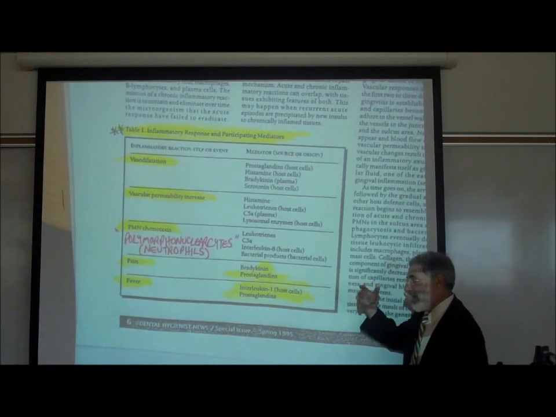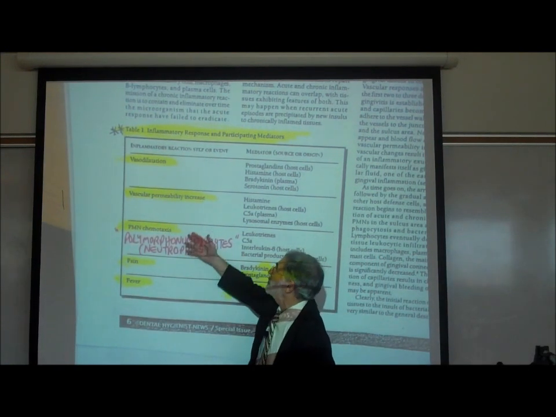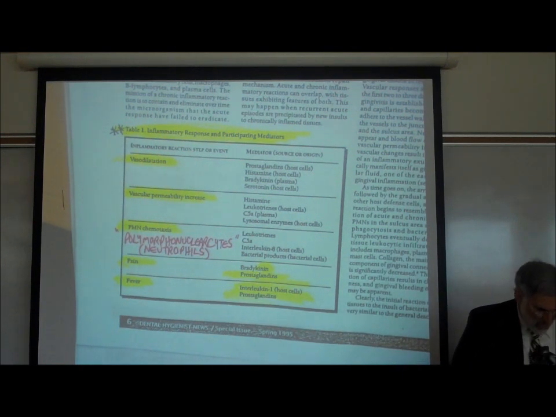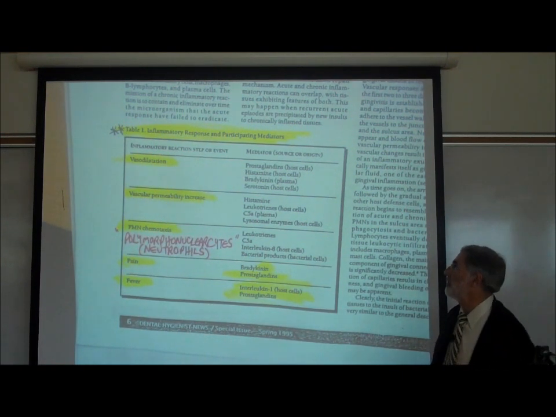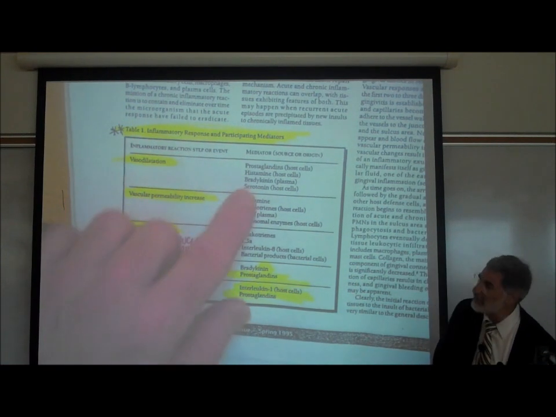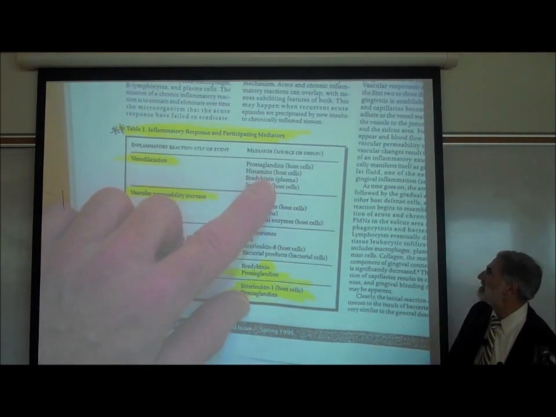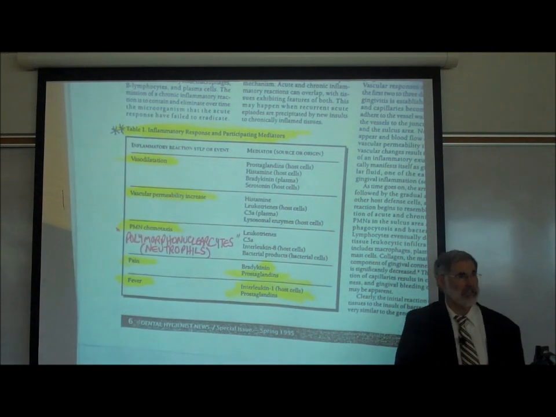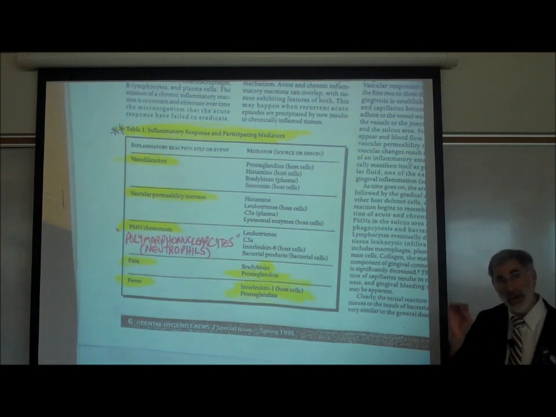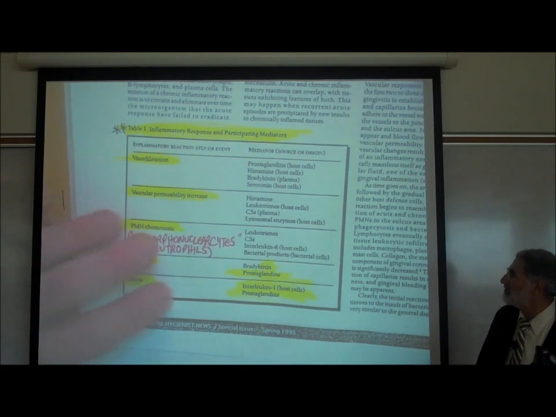One of the components of inflammation is vasodilatation. Vessels dilate. Now, which chemicals released by injured cells cause vessels to dilate? This is a list of them. Prostaglandins, histamine, kinins, serotonin. I'm not asking you to remember it, but we know specifically which chemicals cause this.